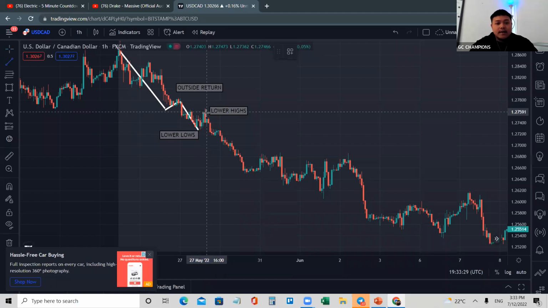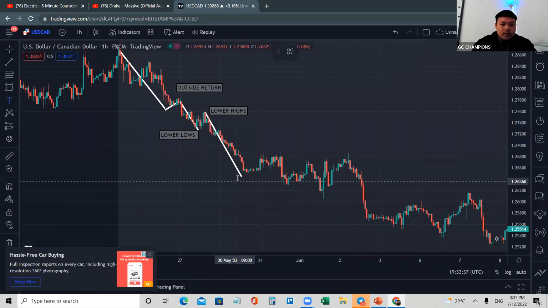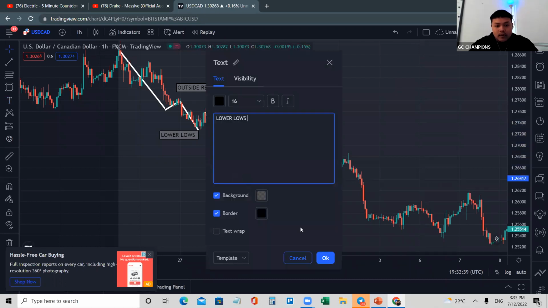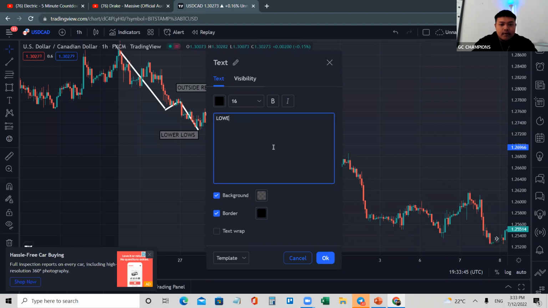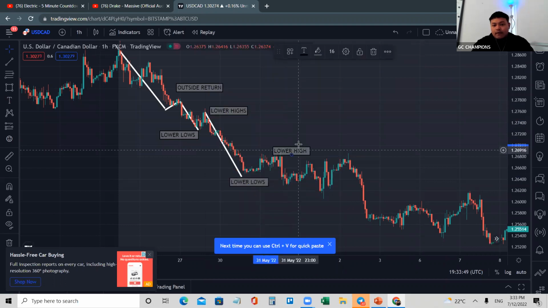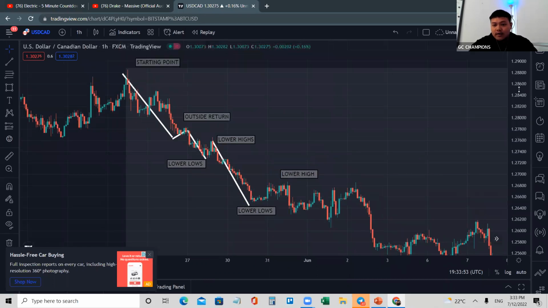After that lower high, a sudden movement breaks it, going down up to here. Of course, it creates another lower low. And then it bounces off again, creating another lower high. So there you go. That is how a downward or downtrend movement works and what it looks like.